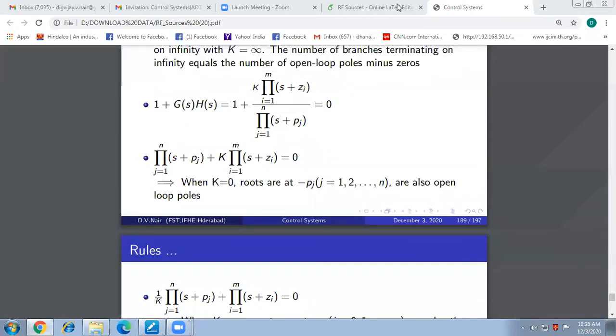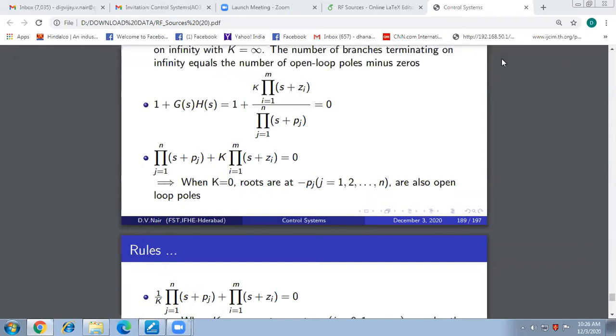So, what do we do here in root locus? Yes, Himanshu, can you tell me what do we do here? What is root locus design all about? Construction of root loci.